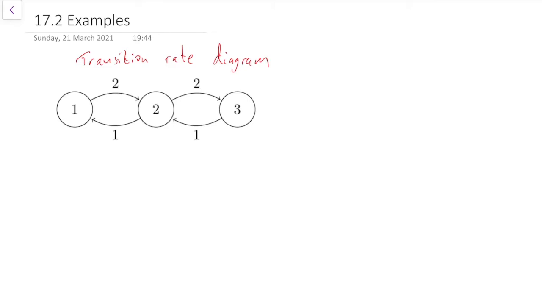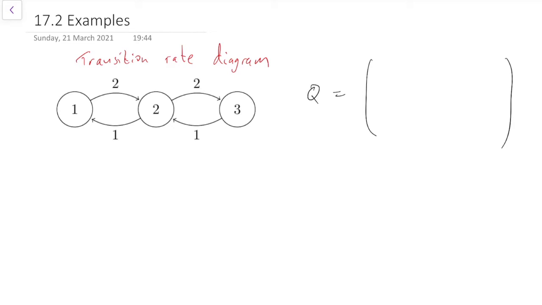Any non-zero rates get put on the picture with an arrow, but notice that because you don't have a rate to yourself, there are no arrows from a state to itself here. So let's try and work out what's the generator matrix Q that goes alongside this transition rate diagram. Well, the key is to first do the off-diagonal elements, right?